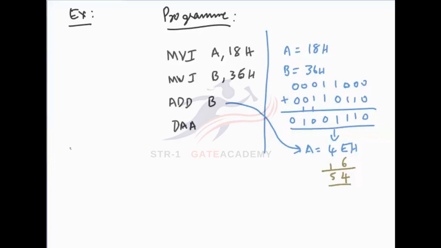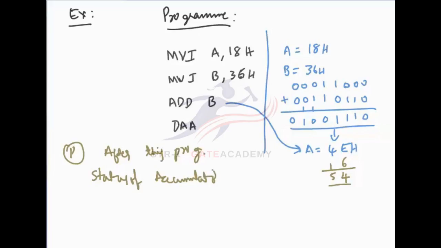Then the question is given here, a previous GATE question. After this program, the status of the accumulator is asked. The representation is in hexadecimal, but the data is in decimal, meaning only the numbers 0 to 9 are used.